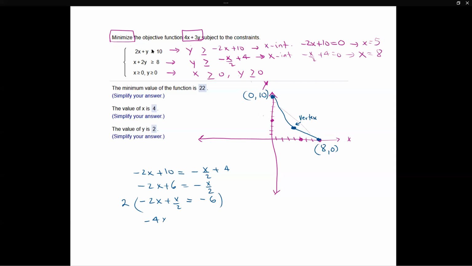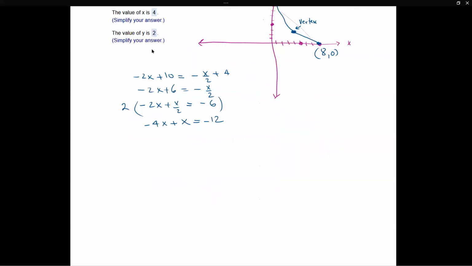Then you get -4x plus x equal -12, and you don't have any more. -3x equal -12, and x equal 4. So this is a 4.